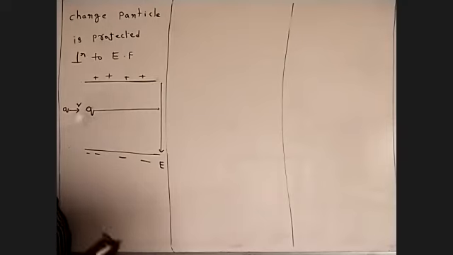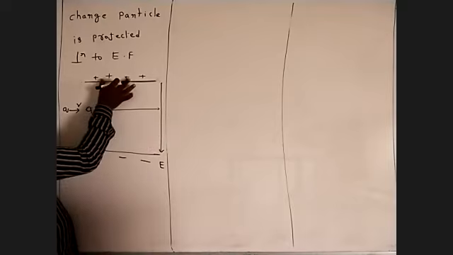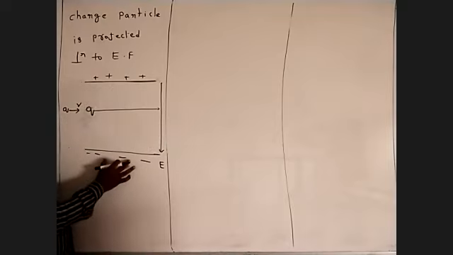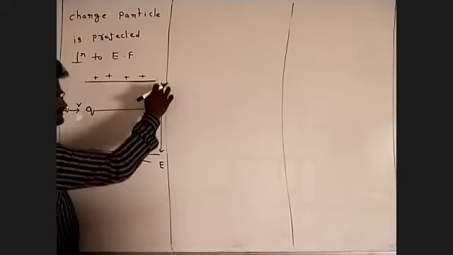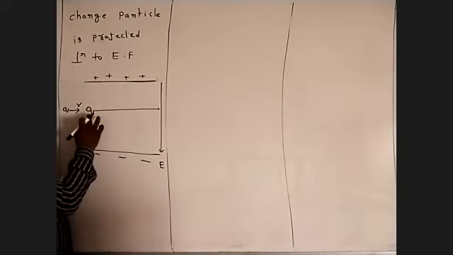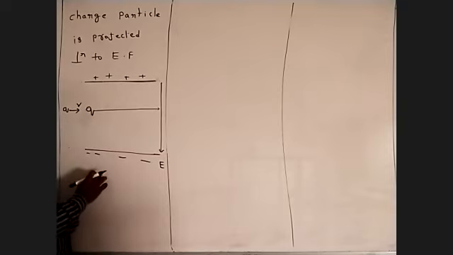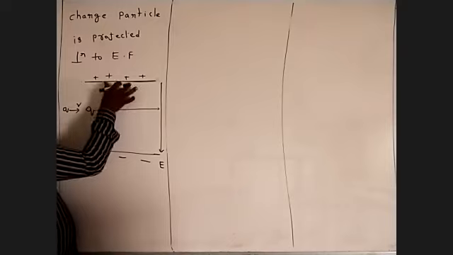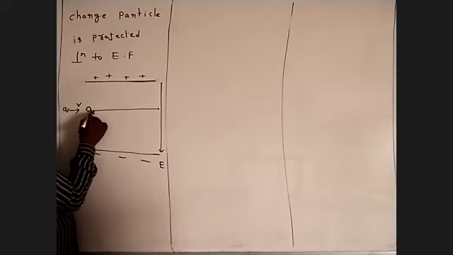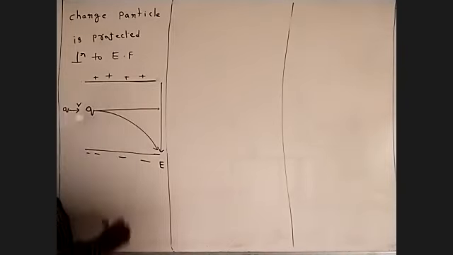The charge tries to go straight, but this is a positive plate, this is a negative plate. The direction of the electric field is this. The direction of force on the charge is downward. The positive plate will repel the positive charge in this direction.